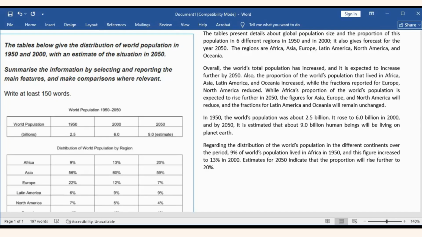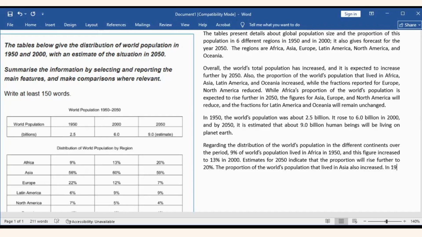The proportion of the world's population that lived in Asia also increased.